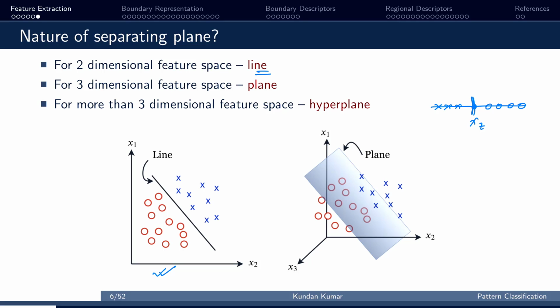If we deal with feature vectors in three-dimensional space, then our separating surface will be a plane. And if it is more than three-dimensional, then it will be a hyperplane. So these terms we use on a regular basis.